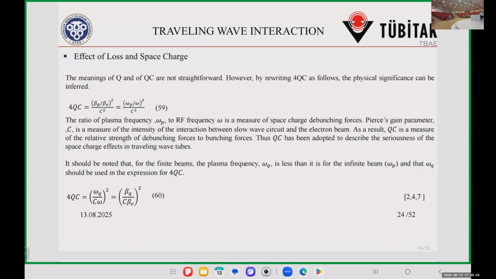Pierce gain parameter C is a measure of the intensity of the interaction between the slow wave circuit and the electron beam. As a result, QC is a measure of the relative strength of debunching forces to bunching forces. Thus, QC has been adopted to describe the seriousness of the space charge effects in traveling wave tubes.